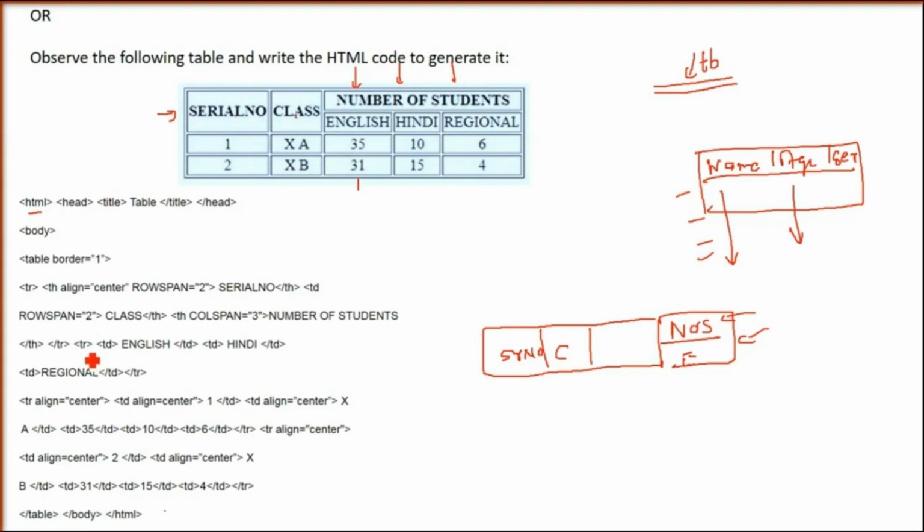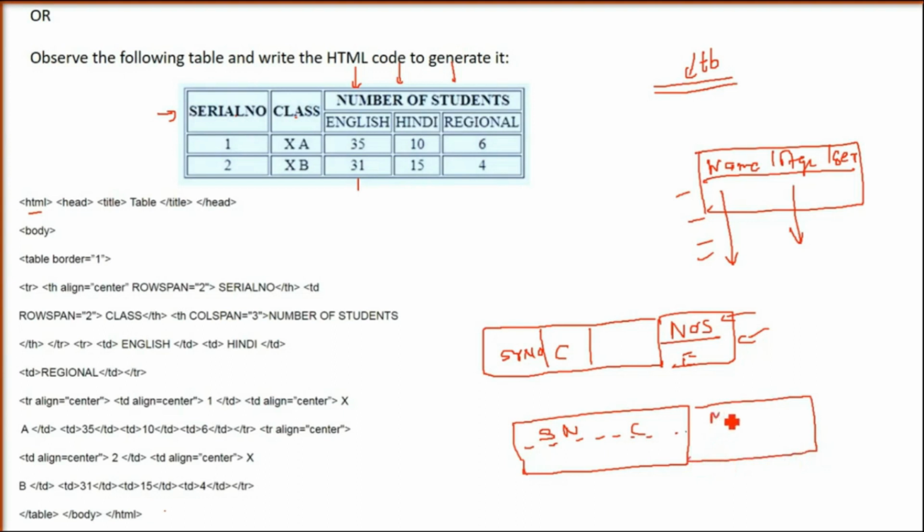Second table row. Because serial number and class have already taken 2 rows, we cannot write anything in serial number and class. Number of students has taken 3 columns but only 1 row.